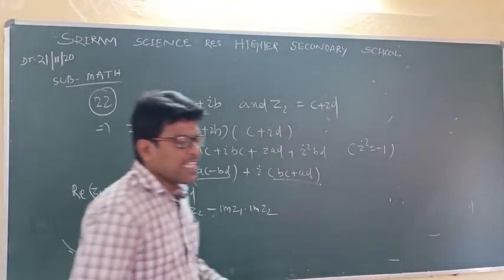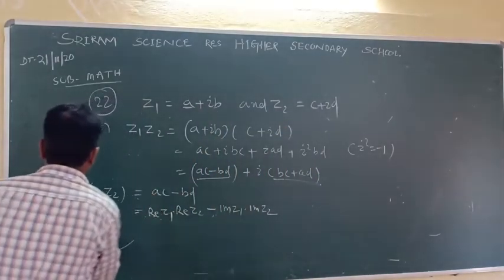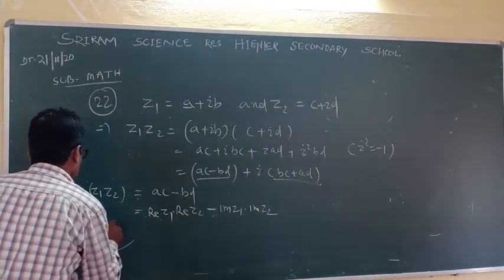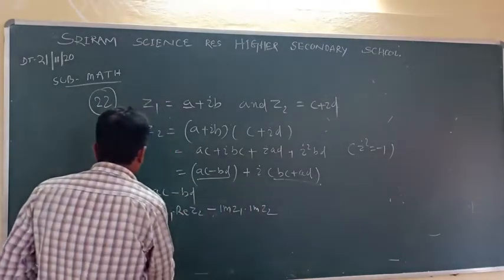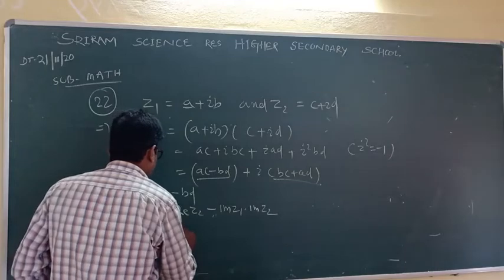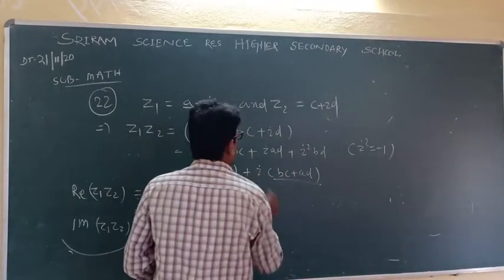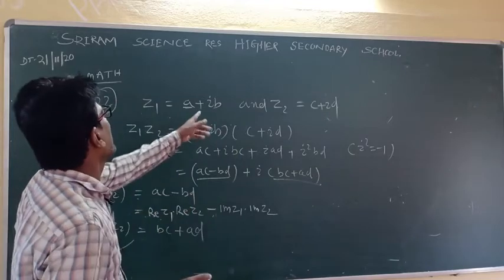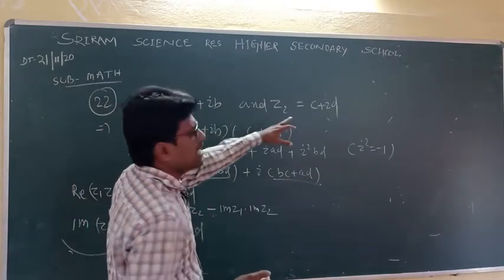Again, given in part 2, the imaginary part of z1 z2 is equal to bc plus ad. That is the imaginary part, and ac minus bd is the real part.